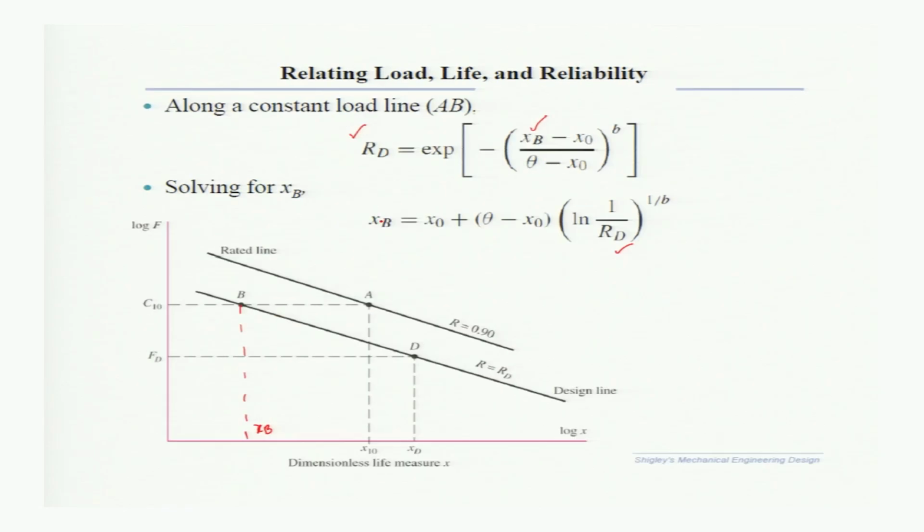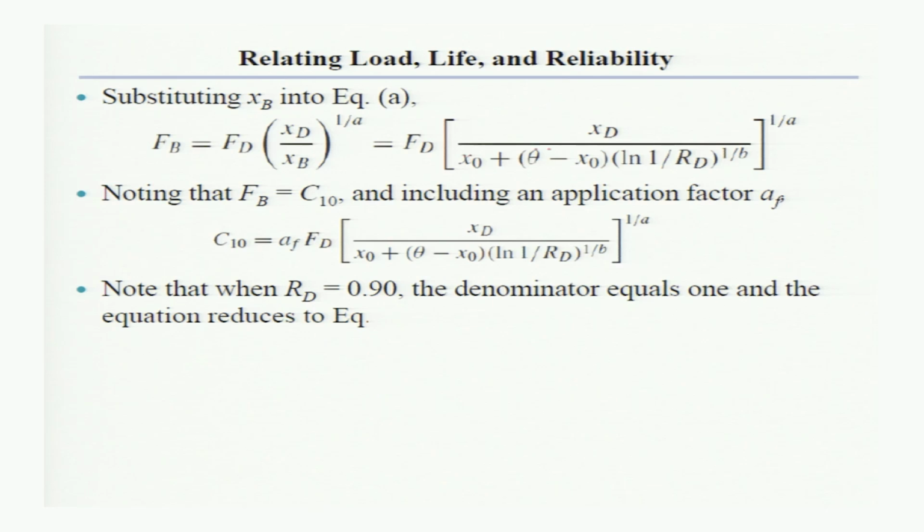So, XB is substituted in the form of X0 plus (theta minus X0) log of 1 divided by RD, to the power 1 upon B, and this whole to the power 1 upon A. Now, we know that FB, you see here, this was B and this was A.